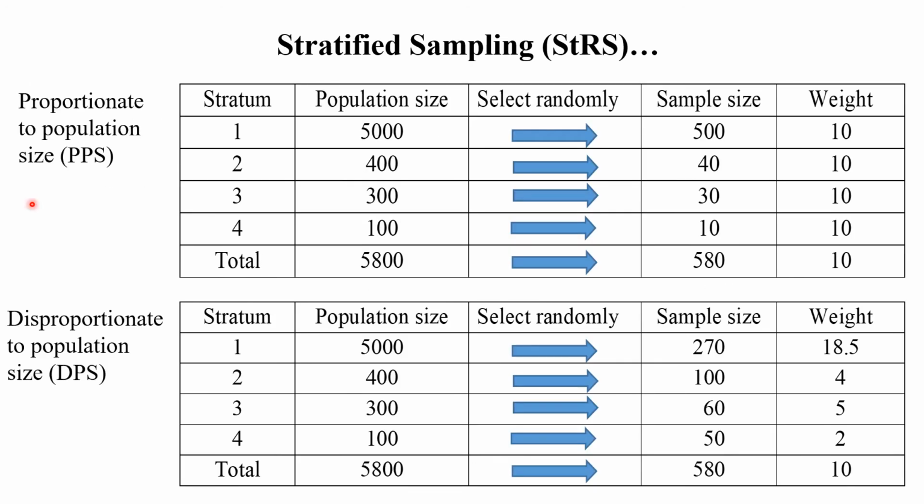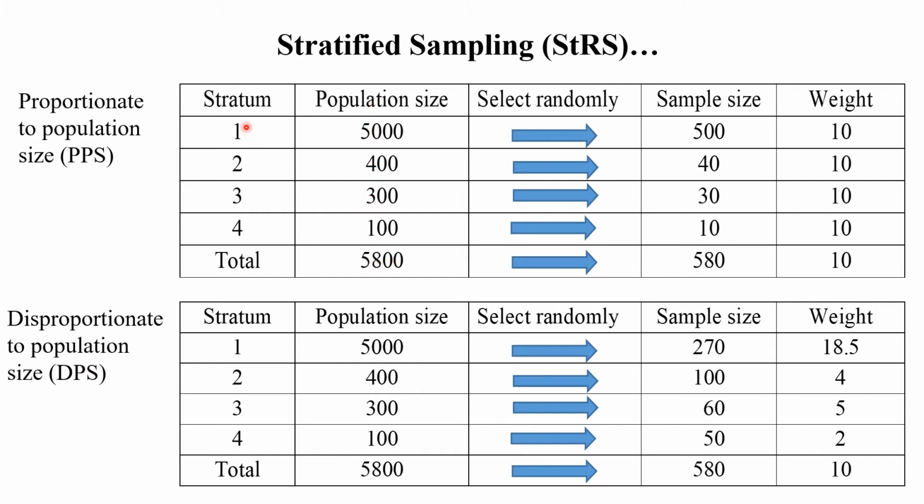Right. So the number selected here may be proportionate to population, we call it PPS, or disproportionate to the population, DPS. Proportionate to population, disproportionate to population. Right? For example, let's say there is a population of 5,800.